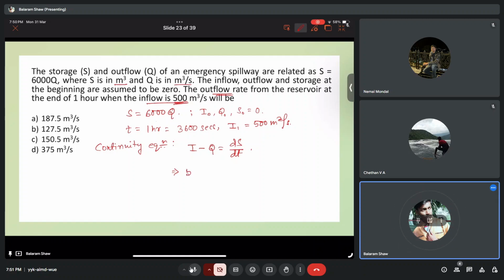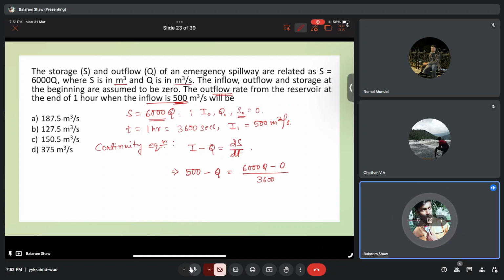You can write 500 minus Q we need to find out is equals to dS dt. Right? dS dt will be equals to change in the storage. Storage at the beginning is how much? 0, and at the end the relation is 6000 Q. So you can write that as 6000 Q minus 0 divided by T. T is how much? 3600 seconds, because Q is in meter cube per second, right? So we are considering that as a second.